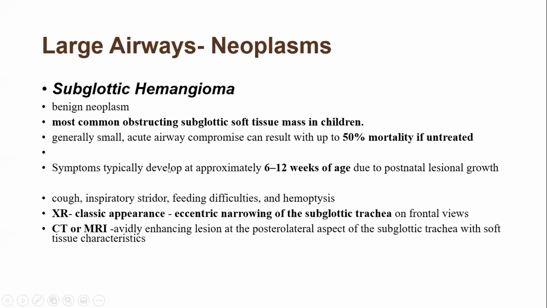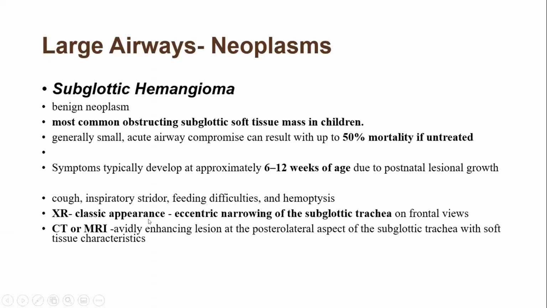As with the typical history of hemangioma, they are usually there at birth but grow slowly. So the children usually present around 2 or 3 months due to enlarging size, and they can present with stridor, feeding difficulty, or even hemoptysis.